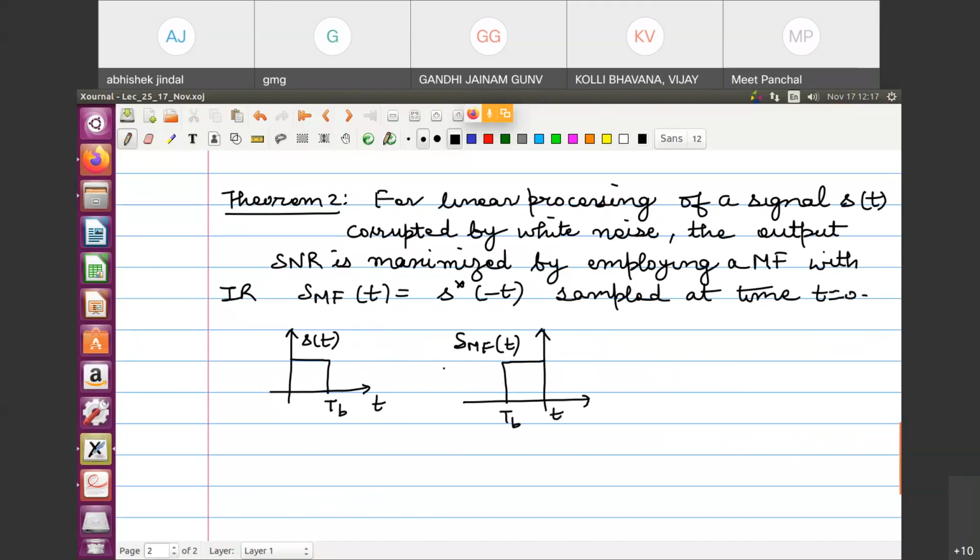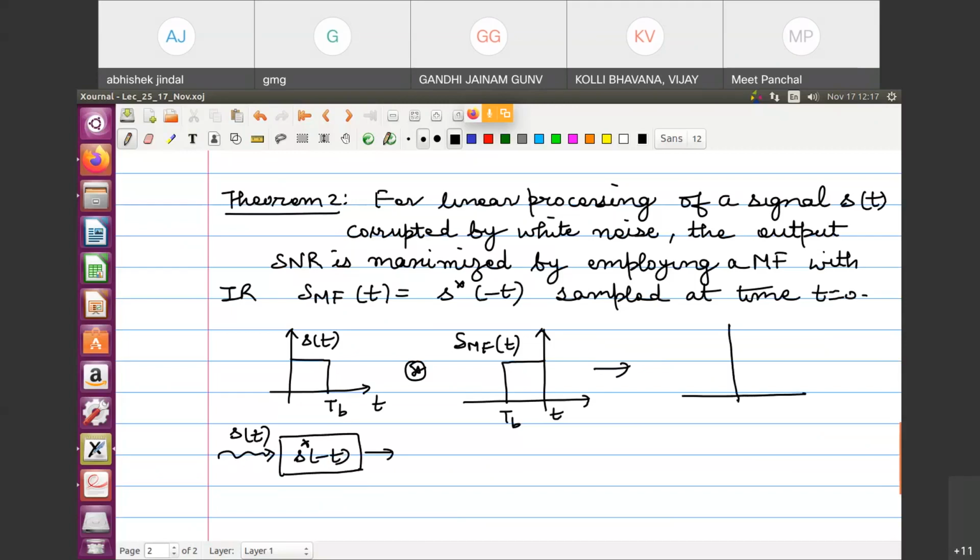And the output of this convolution, let us convolve both of them, because that is what we would be doing. s(t) would be coming and applied as an input to the filter with this impulse response s star of minus t. So the output, if you convolve both of them, will be like this.